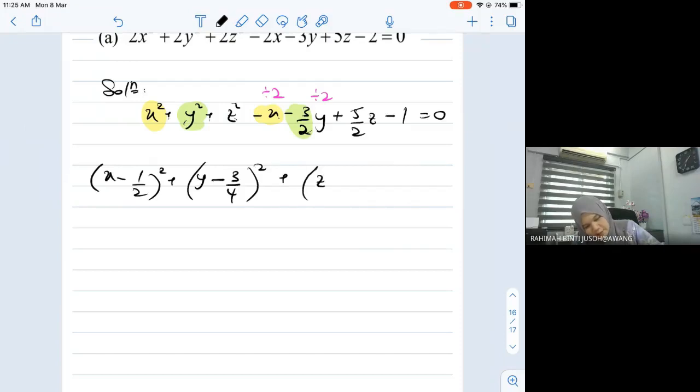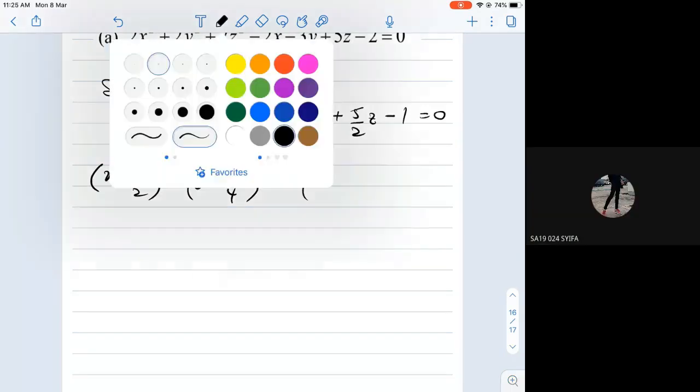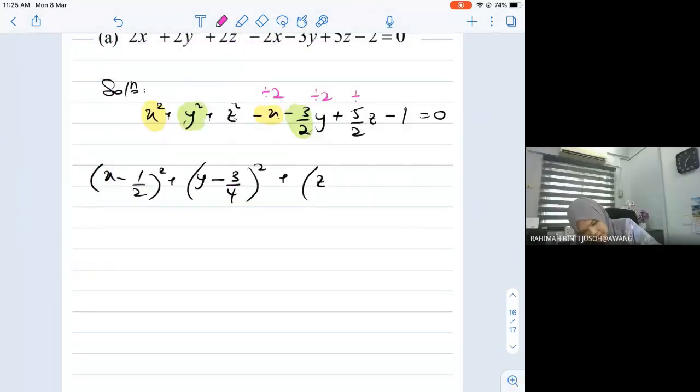Plus z becomes what? Plus 5/4. Yes, plus 5/4. So z plus 5/4 squared like this. Negative 1, just copy back.